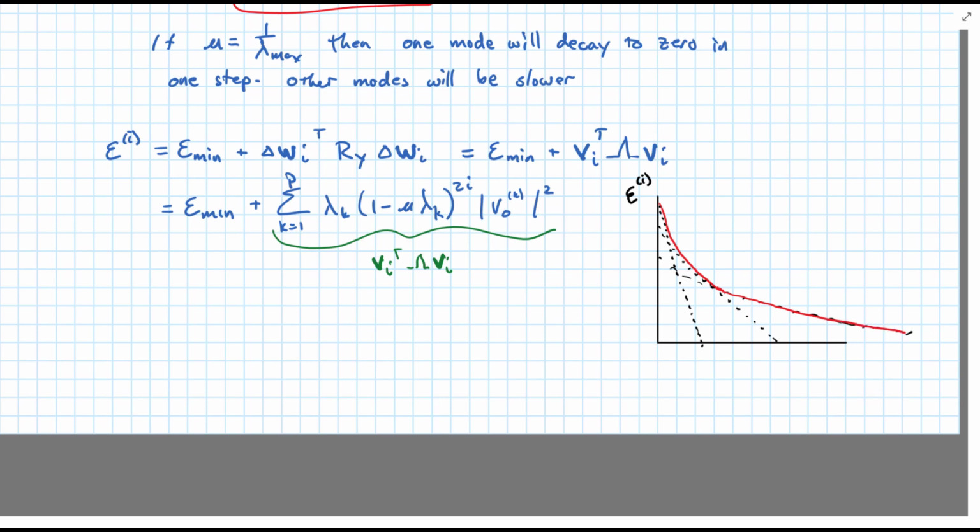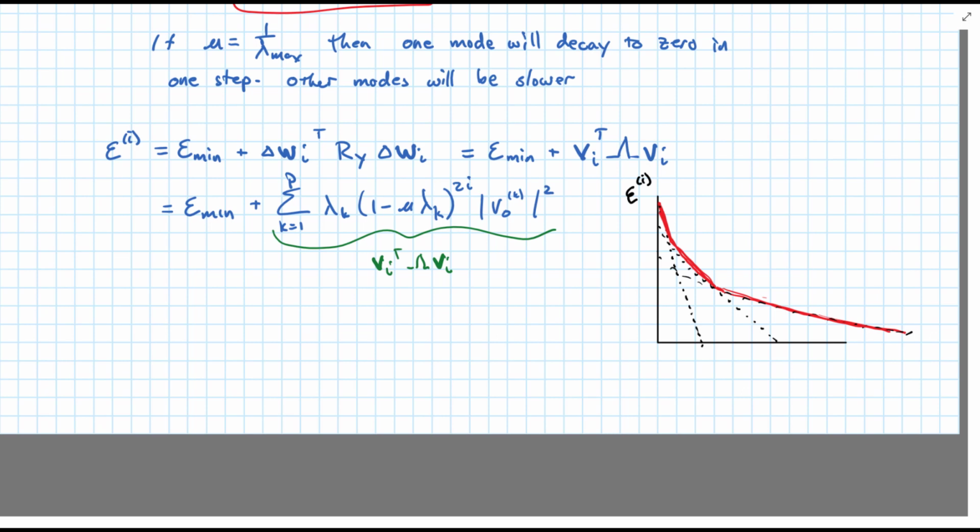This is approximate here, like that. There will be a time when it's decreasing very quickly. When that mode disappears, it will then decrease a little more slowly. When that mode finally gets really small, it decreases more slowly yet, so you get this long tail.